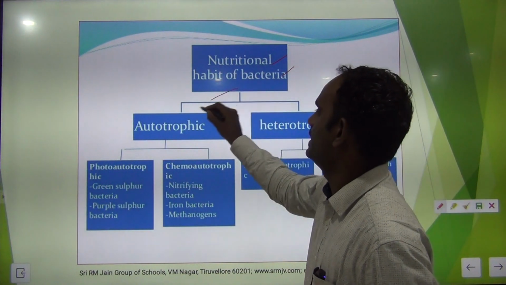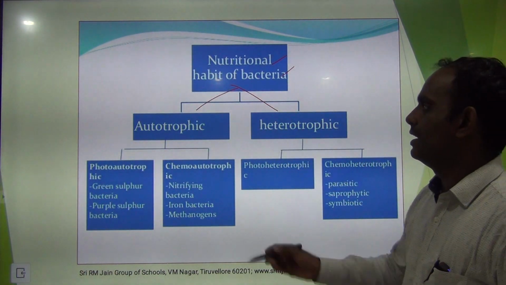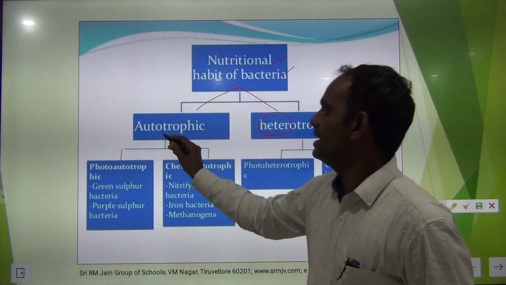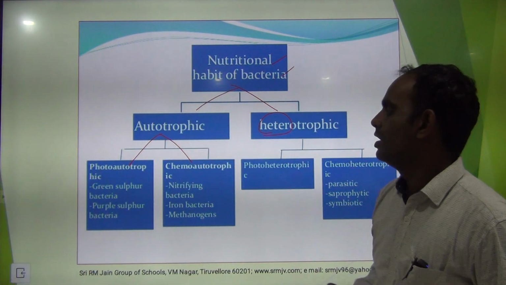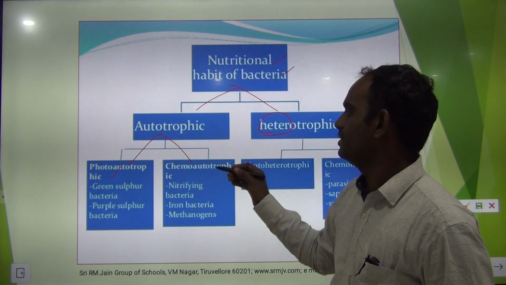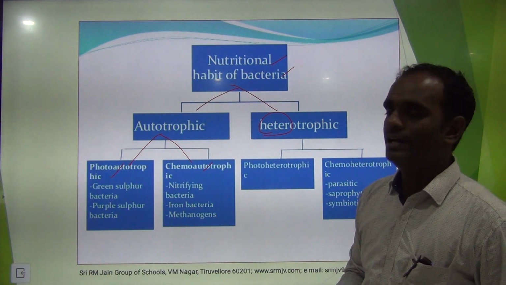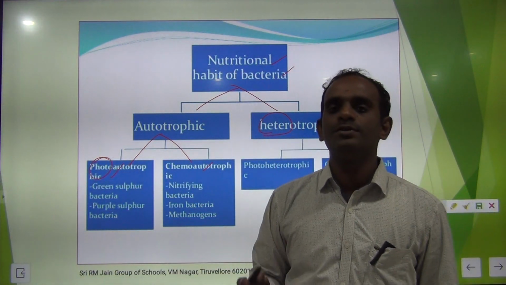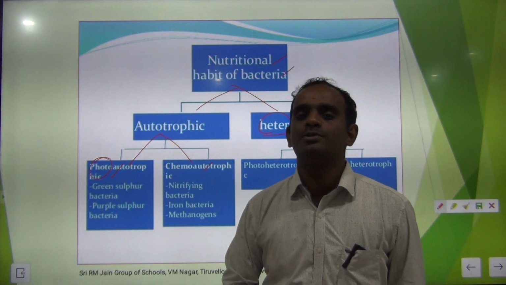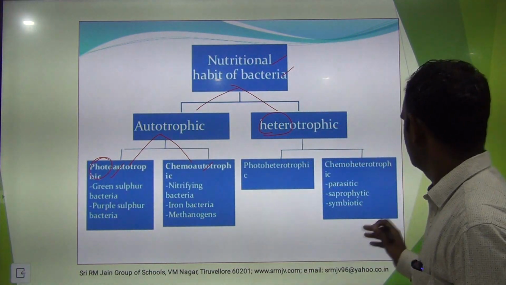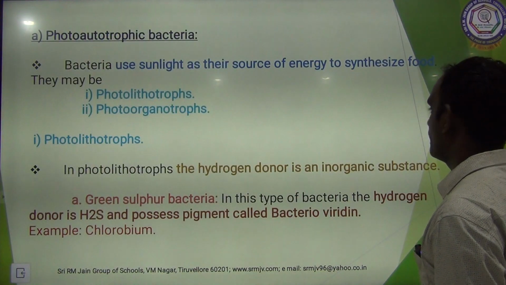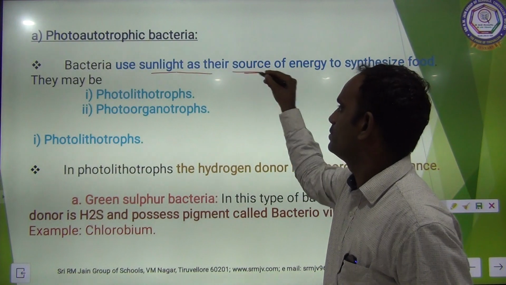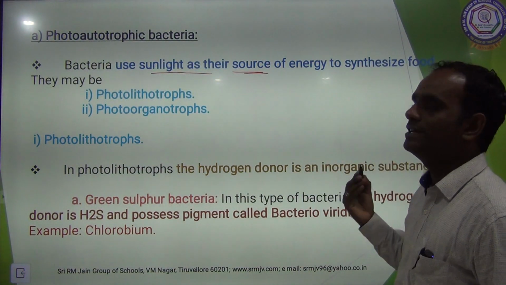There are two different types of nutrition here: autotrophic and heterotrophic. Autotroph is subdivided into two: photoautotrophic and chemoautotrophic. In photoautotrophic, the bacteria utilize sunlight as the energy source to synthesize their food.